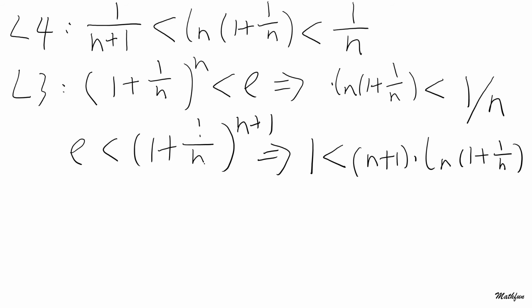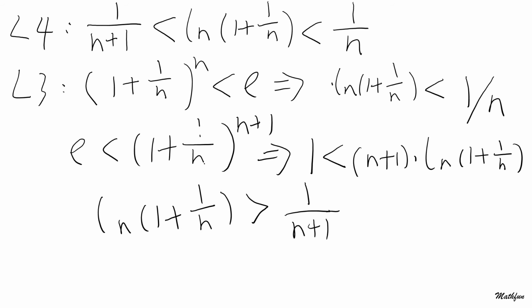And we again rewrite it. So that will give us the natural log of 1 plus the reciprocal of n will be bigger than 1 divided by n plus 1. We move n plus 1 to the other side. So now we prove lemma 4. Okay, so that's the proof.